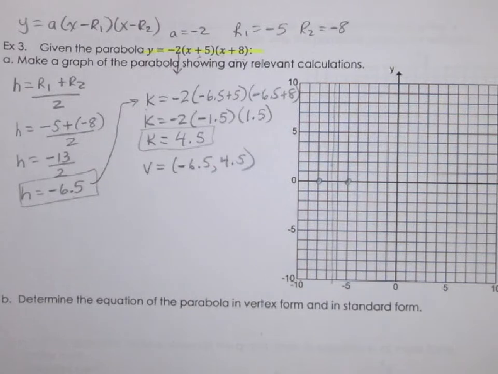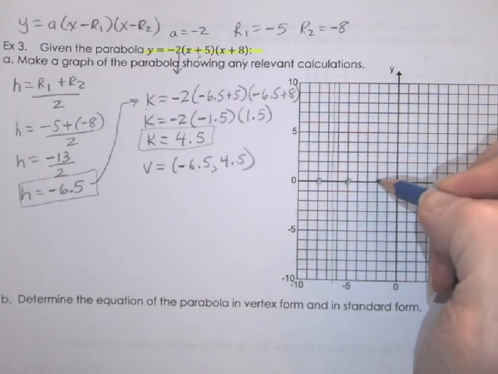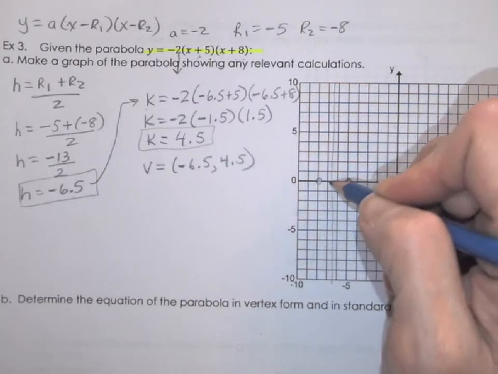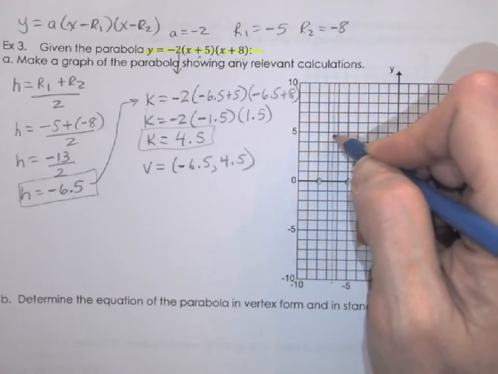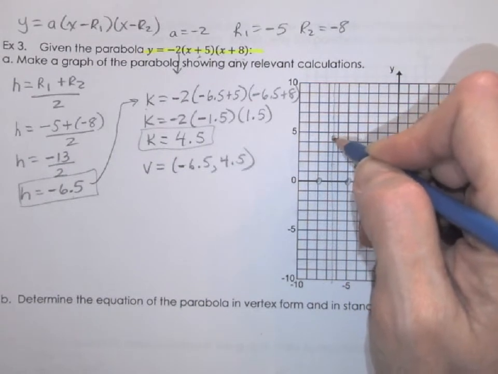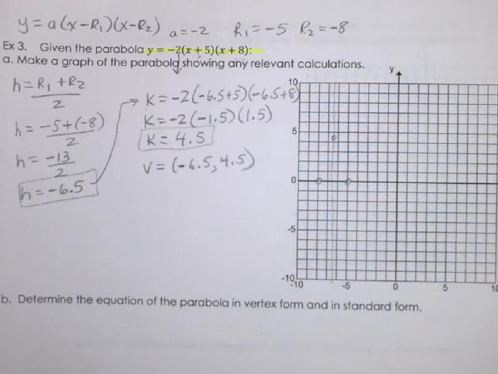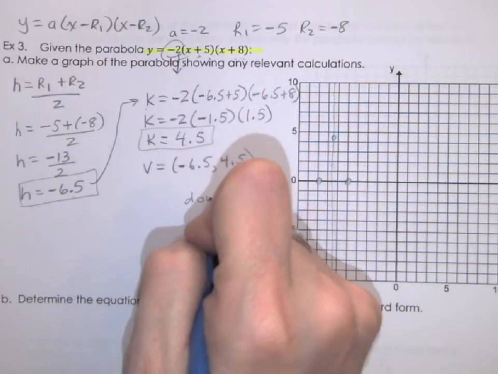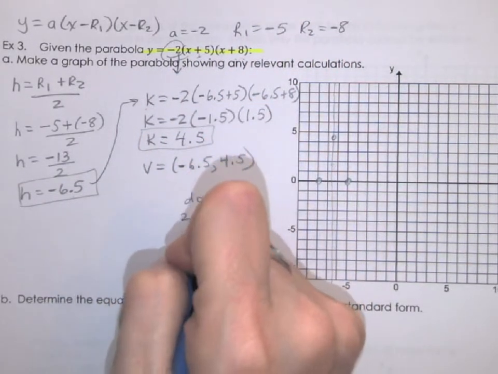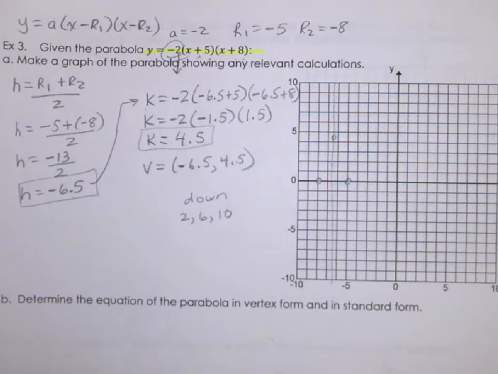So then we're going to plot that on our graph. -1, 2, 3, 4, 5, 6.5, and up 1, 2, 3, 4.5. So right in the center of this square here is our vertex. We also know that our a value is -2, which means that our step pattern is going to be down 2, 6, 10.